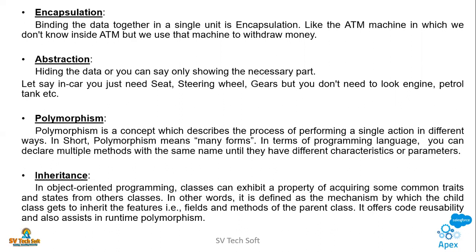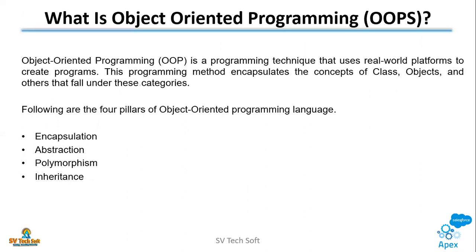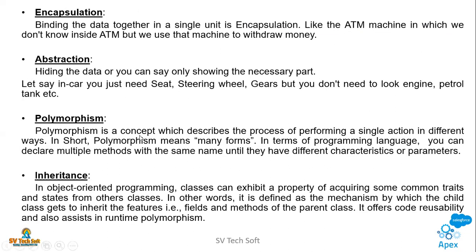Then polymorphism. The third OOPs feature is polymorphism. Polymorphism is a concept which describes that performing a single action can work in different ways. In short, polymorphism means many forms.